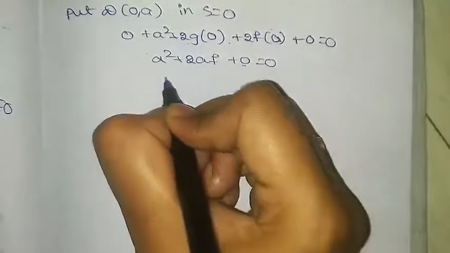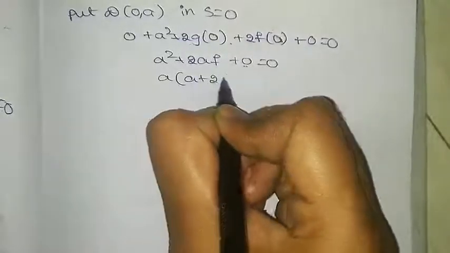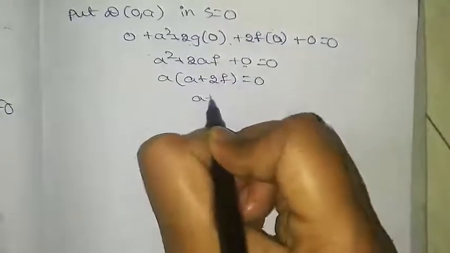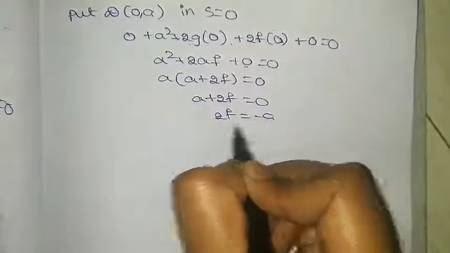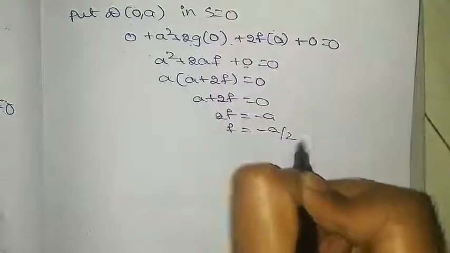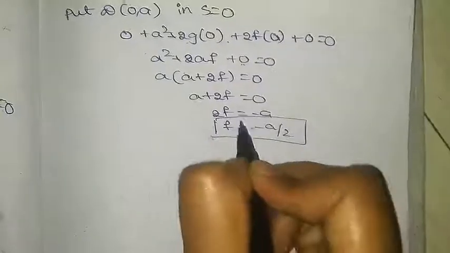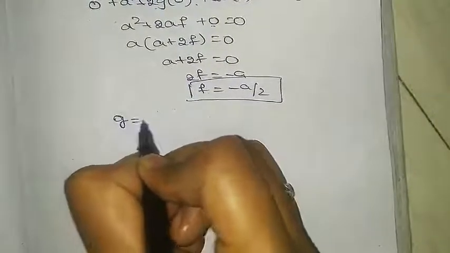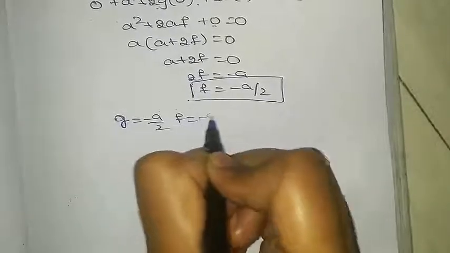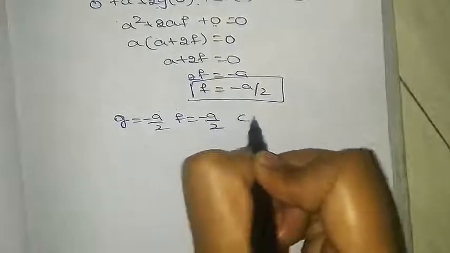So taking a common, a plus 2f is equal to 0. So 2f is equal to minus a, f equal to minus a by 2. So write the g and f values aside. g is equal to minus a by 2, f is equal to minus a by 2, c equal to 0.